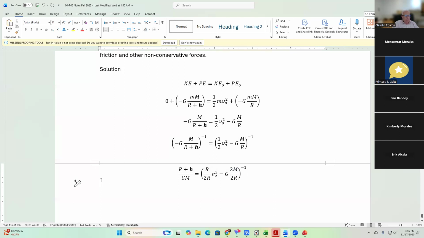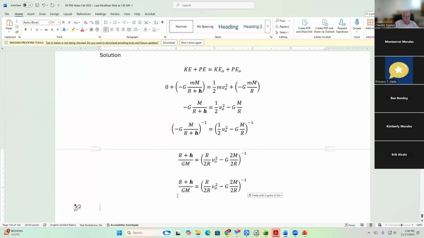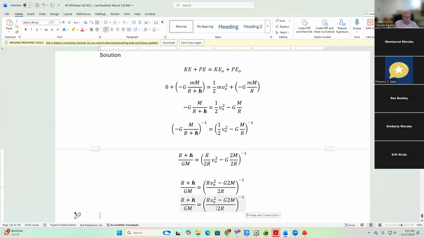Now that we have the same denominator, we can combine them in a single fraction, minus big G M. And we can invert the fraction. 2R goes upstairs.